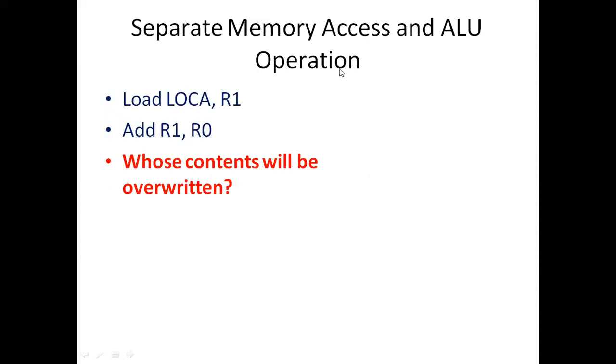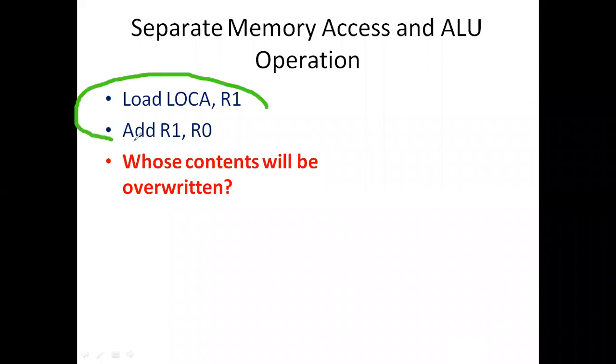Based on that, I would like to ask a simple question to you, which you will answer me after this class when you get the recorded link. That is, load LOCA, R1. All of you can see my screen, right? Yes, sir. Okay, look.